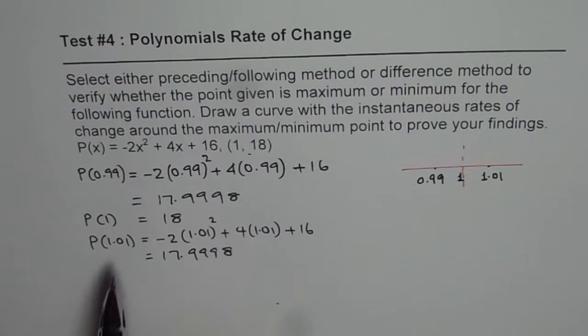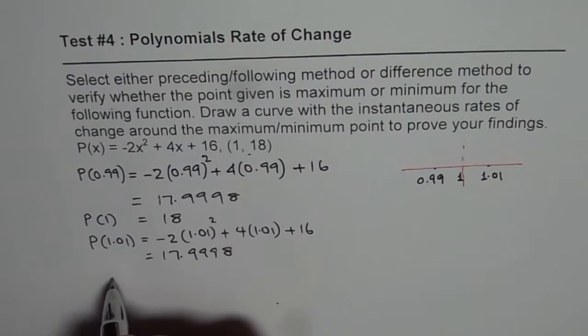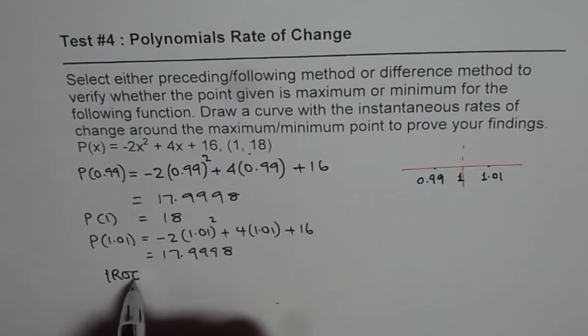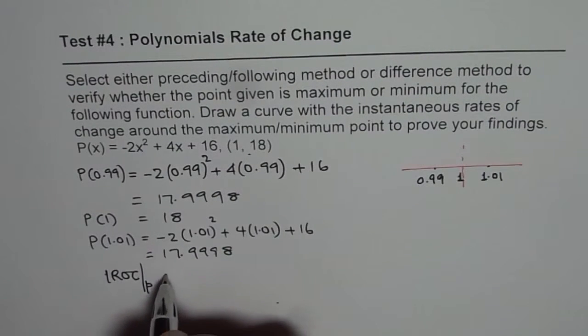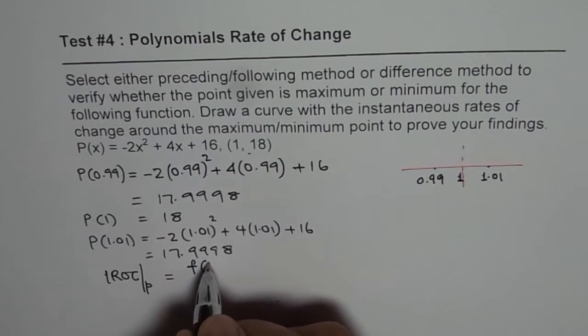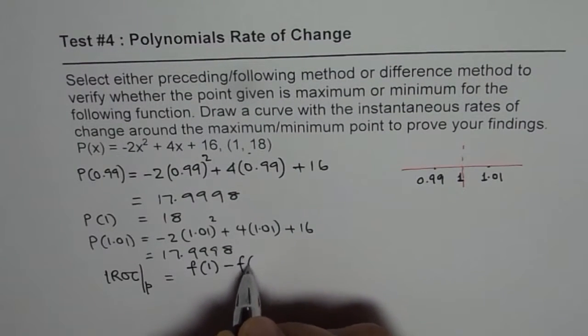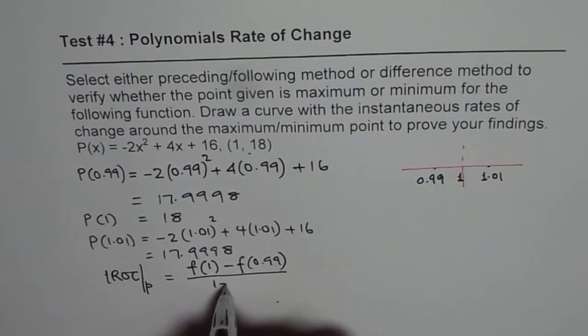Now the preceding rate of change is how much? Let's calculate. Let's find the instantaneous rate of change, and let's say preceding, right? So the preceding rate of change should be equal to f of 1 minus f of 0.99 divided by 1 minus 0.99, correct?